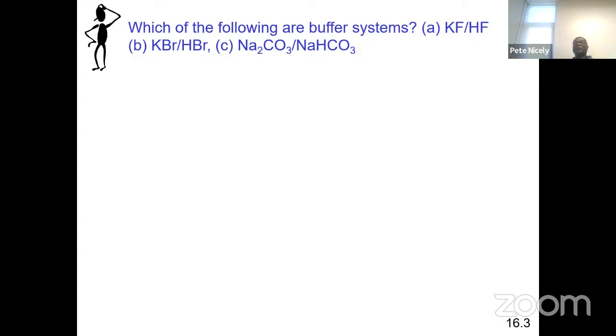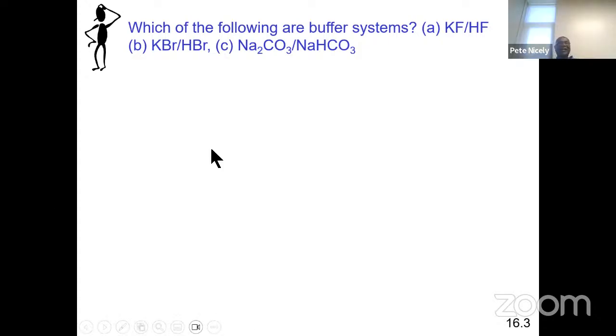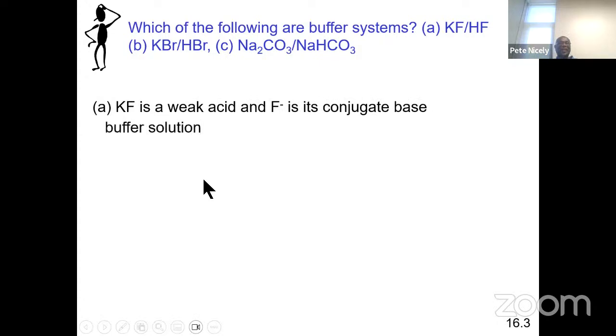So I ask the question again. Is that mixture of potassium fluoride and hydrofluoric acid a buffer mixture? Yes, because it has the salt and it's a weak acid. Exactly. So the answer for A is yes. This is a typo, it should be hydrofluoric acid, so please make a note of this.